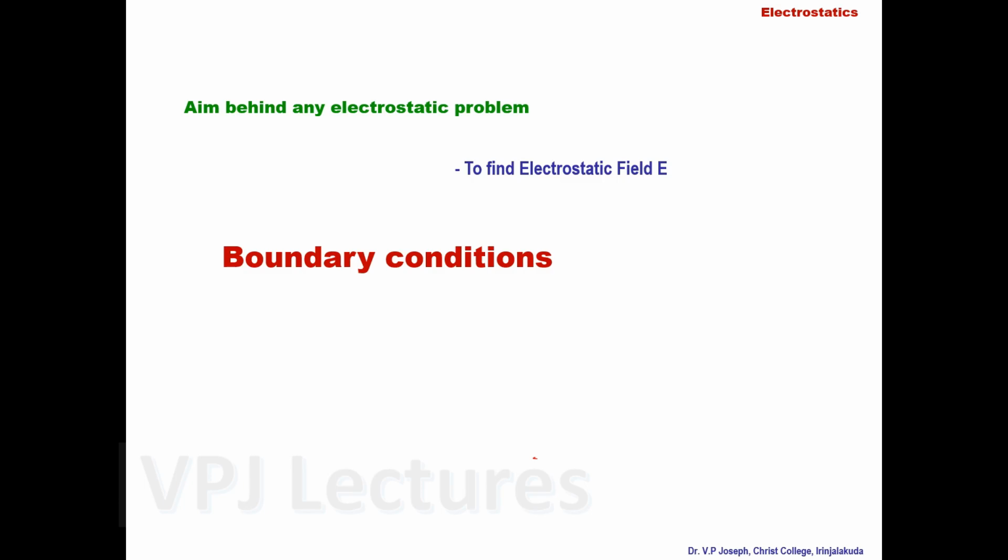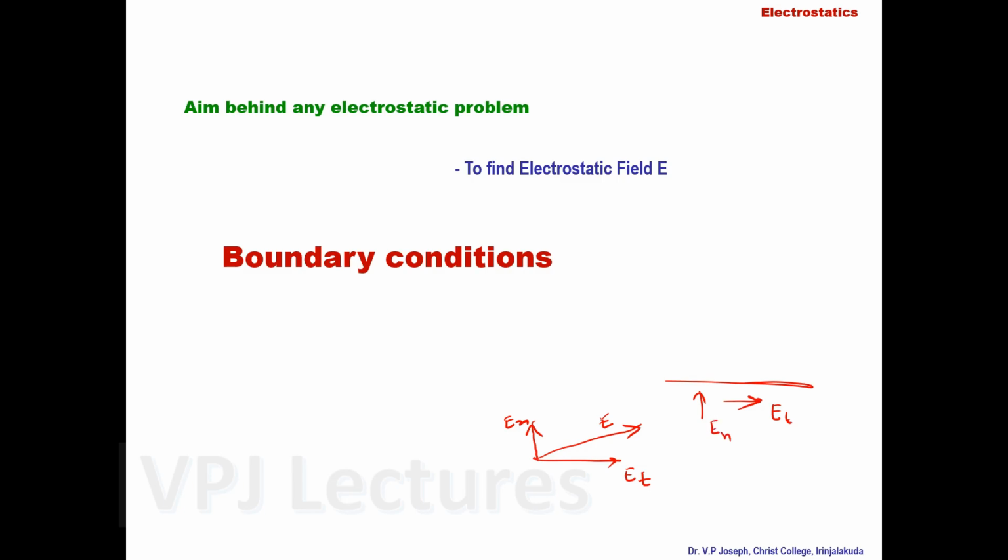Usually we consider any electric field E. This electric field may be divided into two situations, that is, the tangential component and the normal component related to a boundary. If we have a boundary somewhere, an electric field parallel to it is called ET, and an electric field normal to it is taken as EN or DN.